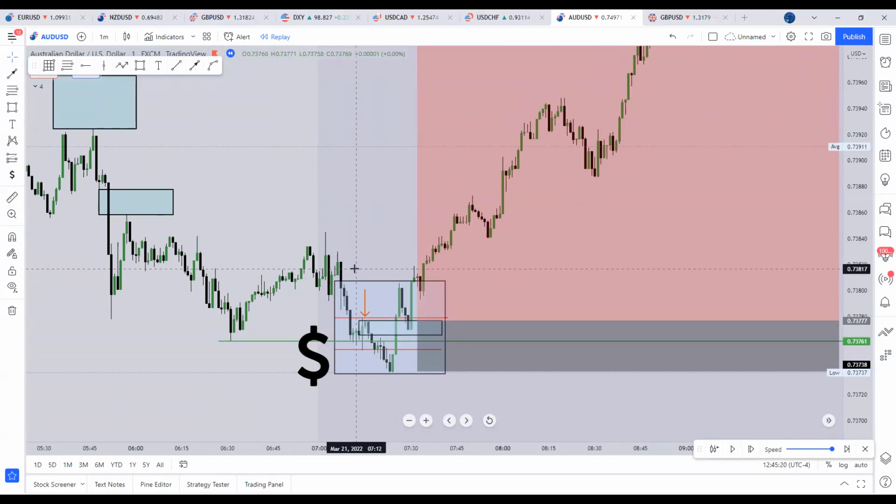Don't take a trade on lower time frames against your higher time frame bias. Does that make sense? Yeah, it makes sense.